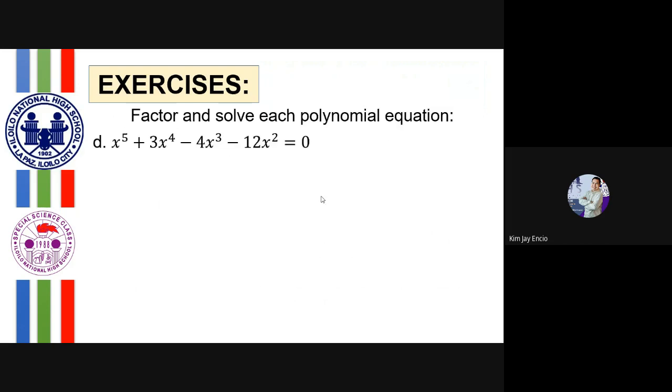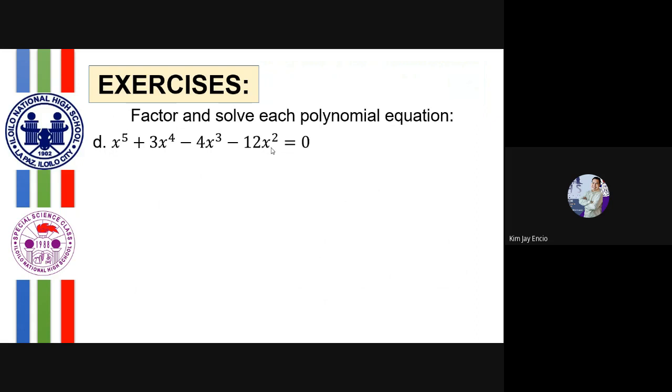How about for the third one, letter D? Factor and solve each polynomial equation. From here, we could see that, take note, you don't have a constant, right? And if you don't have a constant, you cannot directly use the method I gave you earlier. But always remember this.